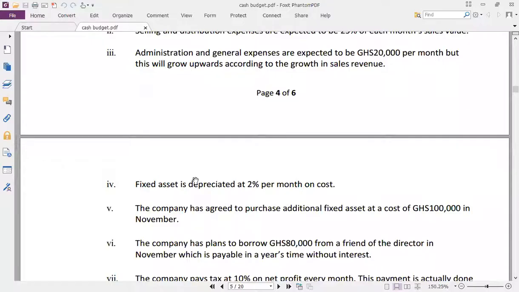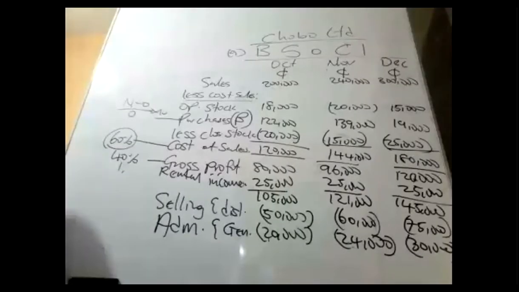The next one will be fixed assets depreciated at 2% per month on cost. So every month find 2%, and that's the depreciation. Now, take note of this. Okay, so basically that is that. So let's find depreciation.